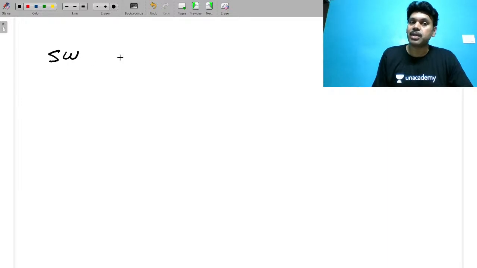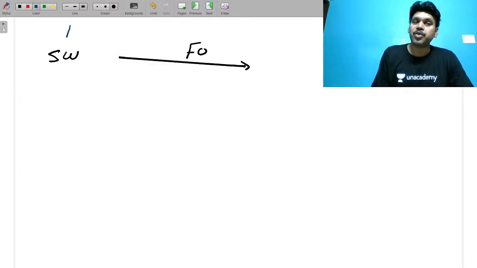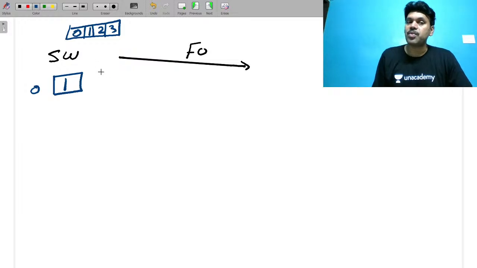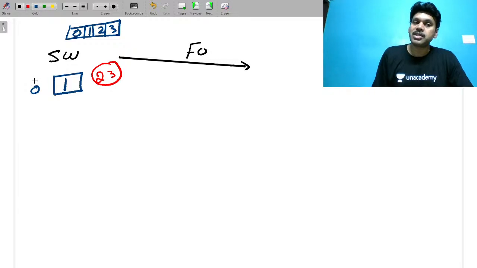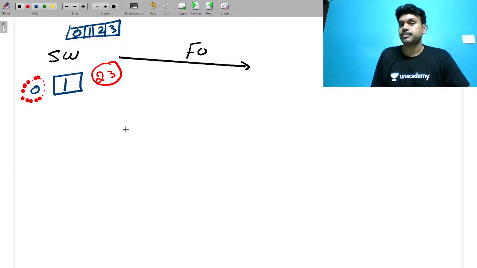For example, if I push frame 0, as you have 4 frames in your window, 0, 1, 2, 3, frame 0 is already pushed, so it comes to the buffer, and the next frame to be slid in is 1, and the remaining 2 are outstanding. Still they have to be transmitted. This is already transmitted; this has to be transmitted.